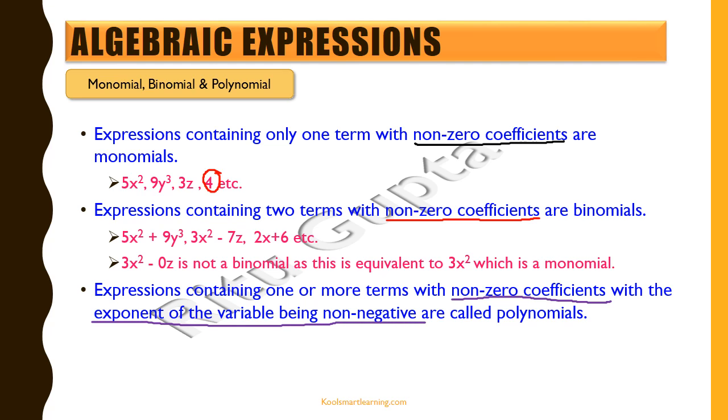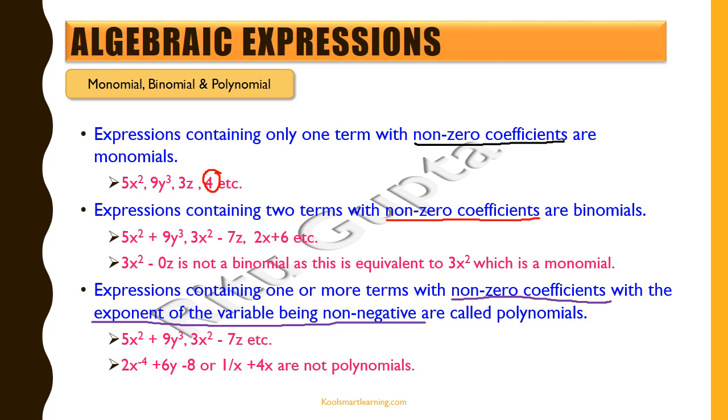So it has one or more terms with non-zero coefficients, which means monomials and binomials also satisfy that criteria, and the exponent of the variable is non-negative. It could be 0, it could be any positive number, but it cannot be negative. So they are called polynomials. Examples are 9x square plus 5x square plus 9y cube, 3x square minus 7z, etc.